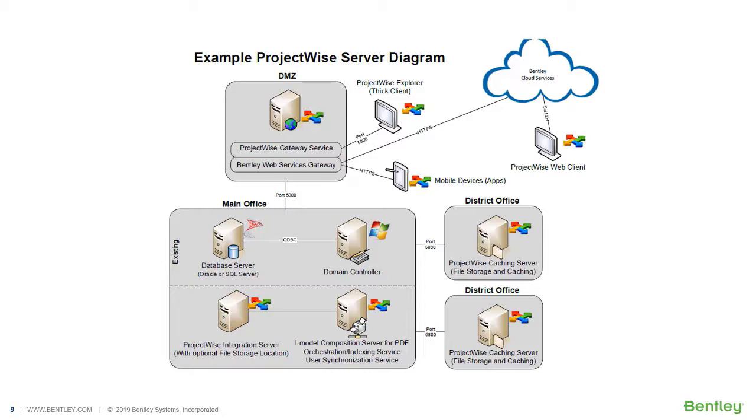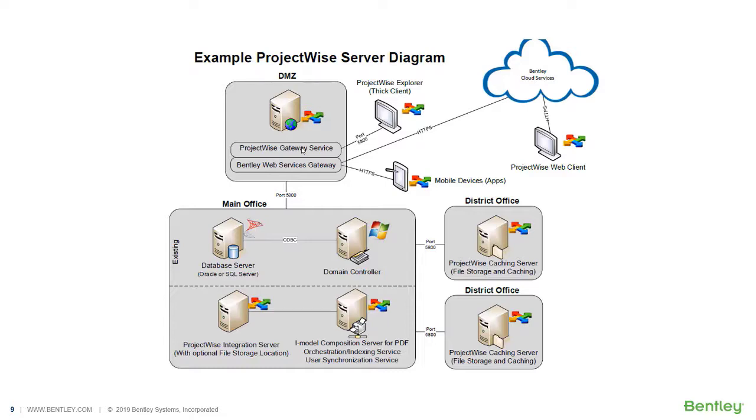In this particular case, if you deploy the ProjectWise Gateway service here, and you work from home and install your ProjectWise Explorer on your machine, all the communication from your personal PC will go to your gateway service first. And then the gateway service will relay the traffic to the ProjectWise servers.